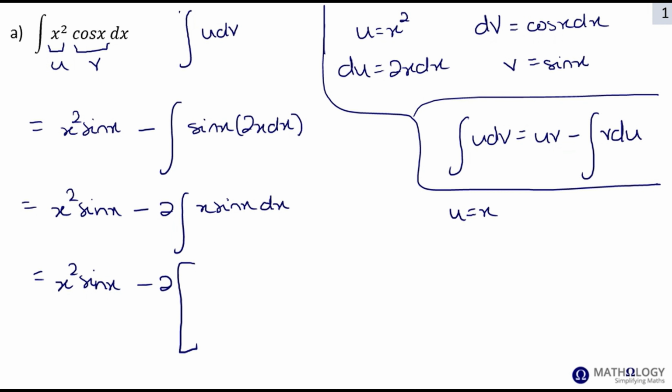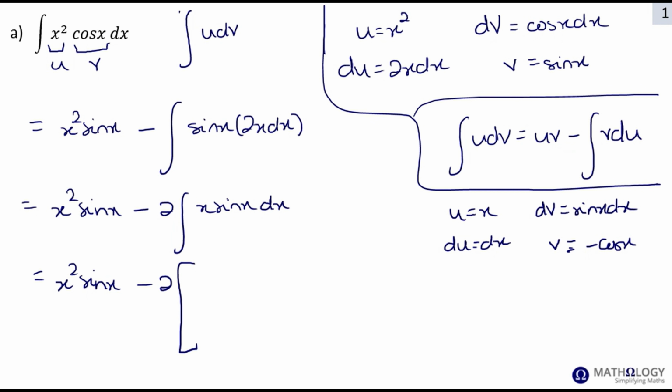u equals x, du equals dx, and then dv is everything else. So it's going to be sin x dx. When we integrate that, we're going to get negative cos x. The derivative of negative cos is sine, so the integral of sine is negative cos. So again, we have uv using this formula.